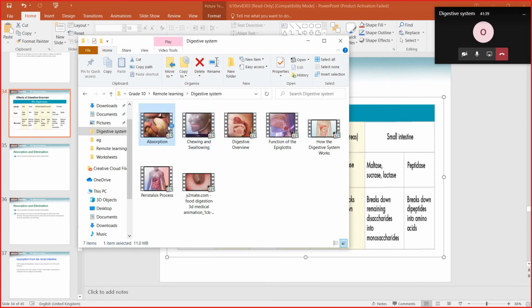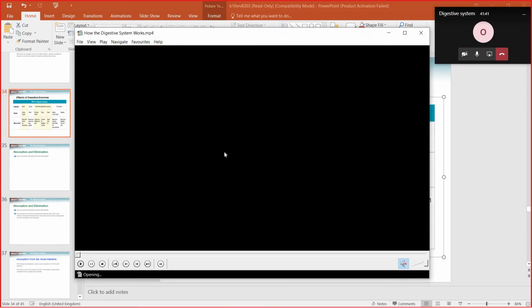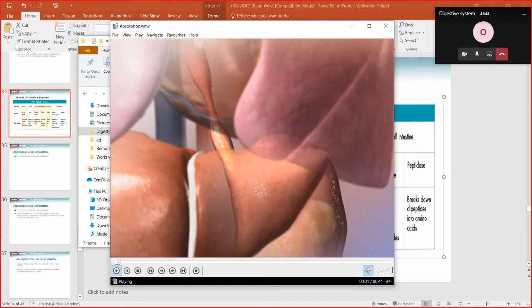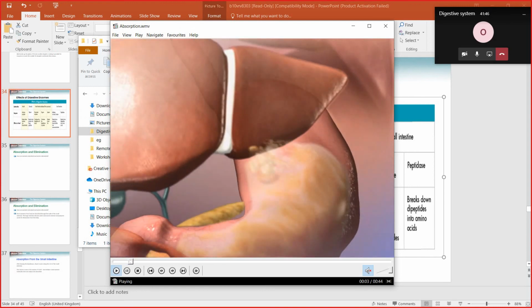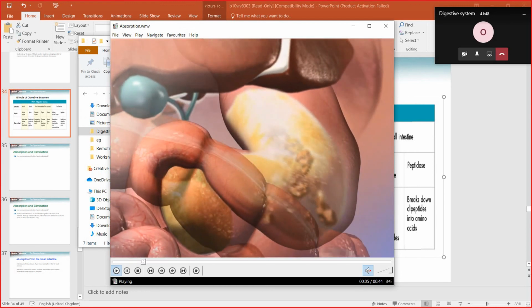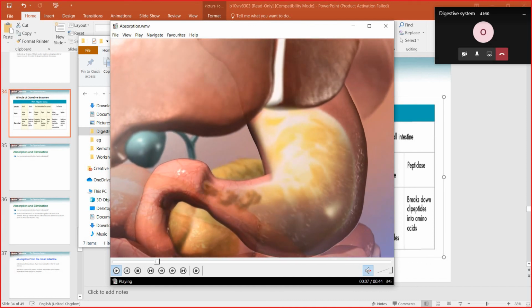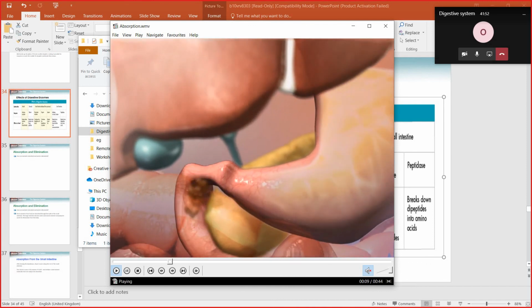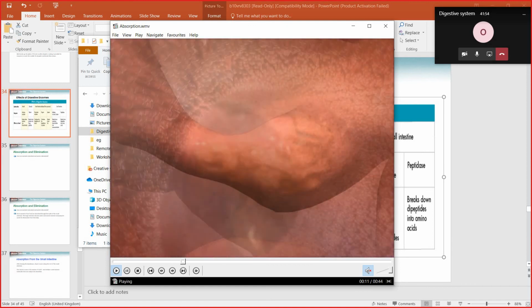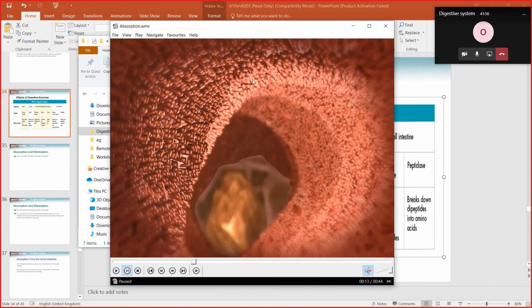We still have to study, in one minute, the absorption. Absorption again means when the small intestine gets the simple molecules that were already digested from the food and then returns them to the blood. Now this is the wall of the small intestine. As you can see here, these small parts found on the wall of the small intestine from inside are called villi.